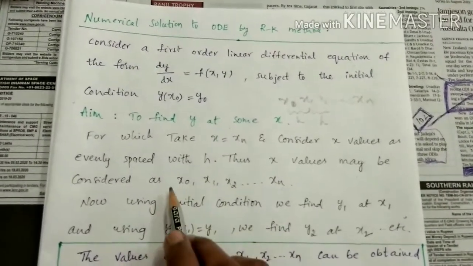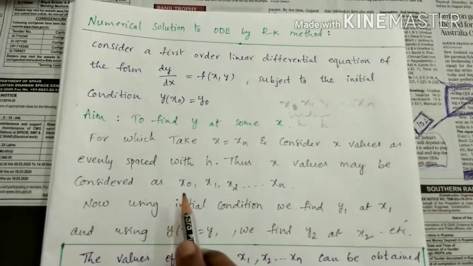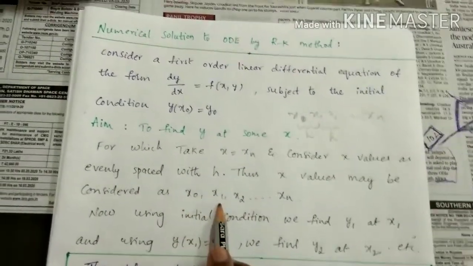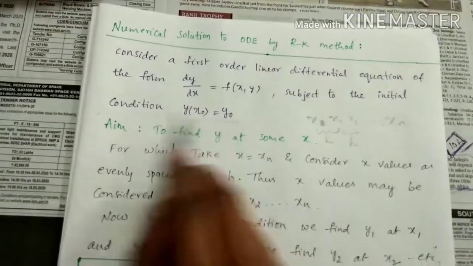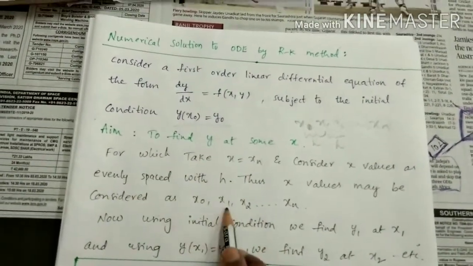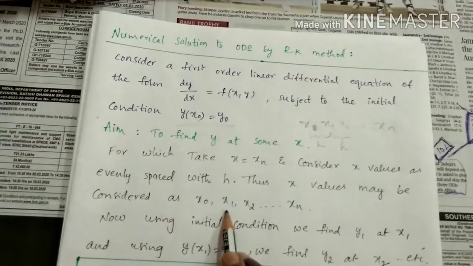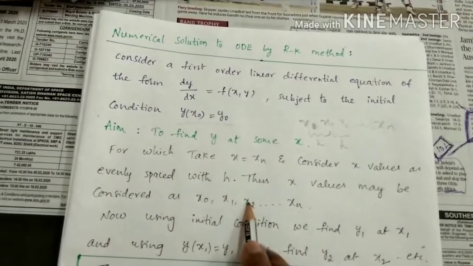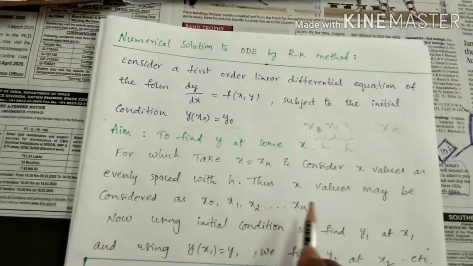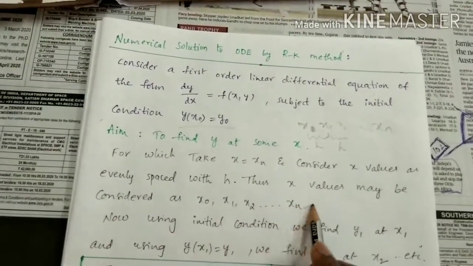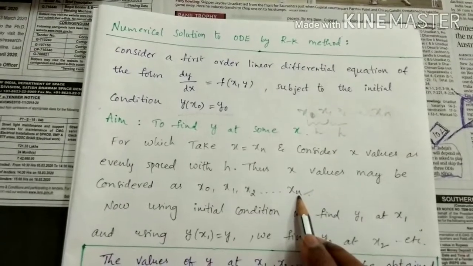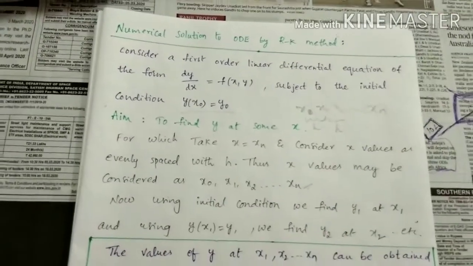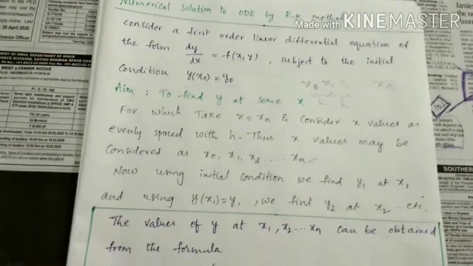Since it uses only one previous point information to get y at successive x, using the initial condition we will get y1 at x1, and using y1 and x1 we will find y at x2, and this process will be continued till we reach the point xn, so that y can be determined at xn. This is the process involved in the RK method.